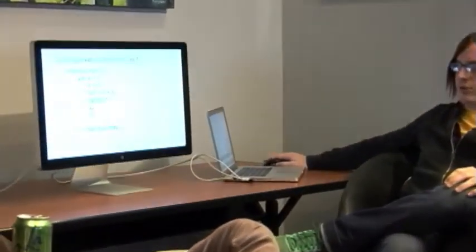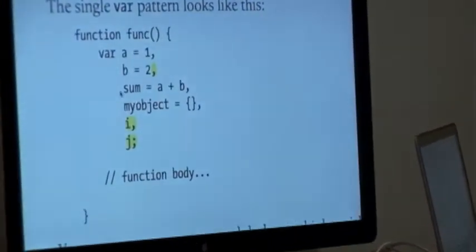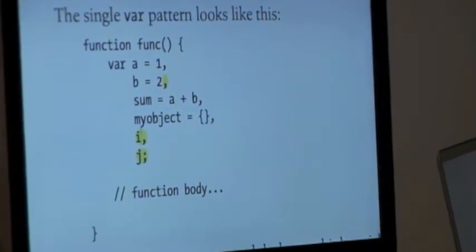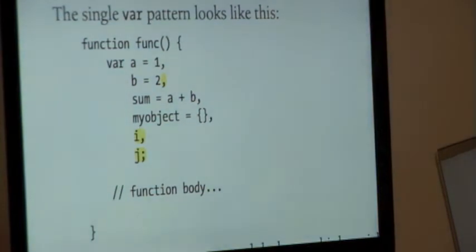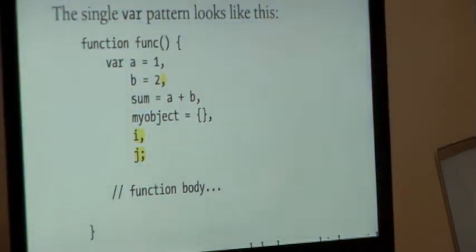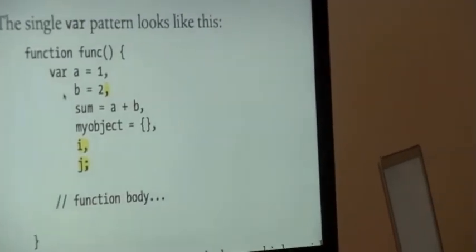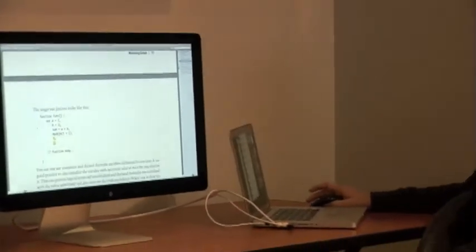Say you put a equals 1, then b equals 2, semicolon, then sum equals a plus b. All the rest of these are suddenly global, but there's nothing in the program to warn you of that. So while you obviously should be careful and not do that if you choose to use this pattern, another way is to just put var at the beginning of each of these lines, and then you've avoided that one possible misstep. It's a safer, perhaps slightly less stylish way to do it, but it's safer.